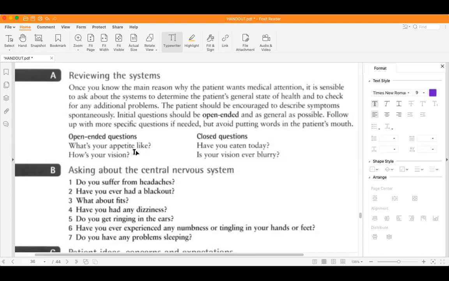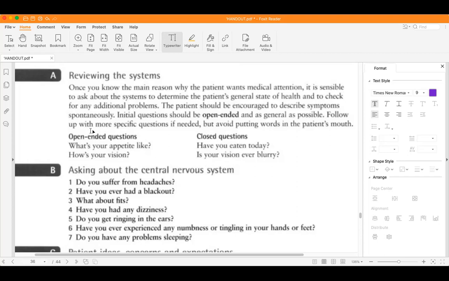The doctor should not say, for example, have you eaten today? Because the answer for this question is yes or no. So, in order to get all the information needed, the doctor should ask open-ended questions like, what's your appetite like? How is your vision? Instead of saying, is your vision ever blurry, for example.